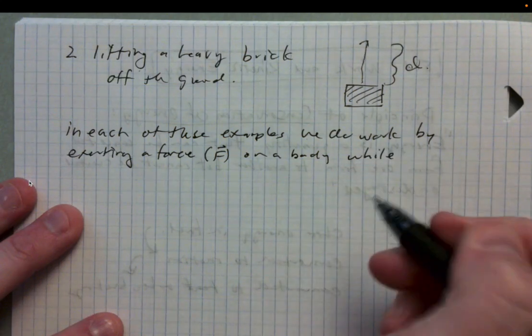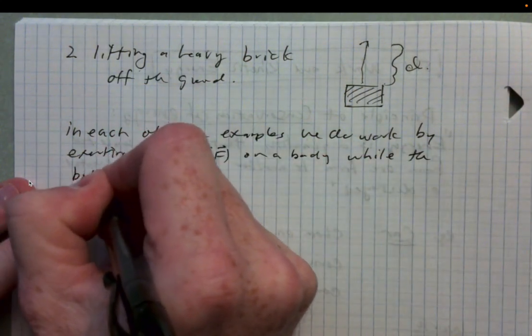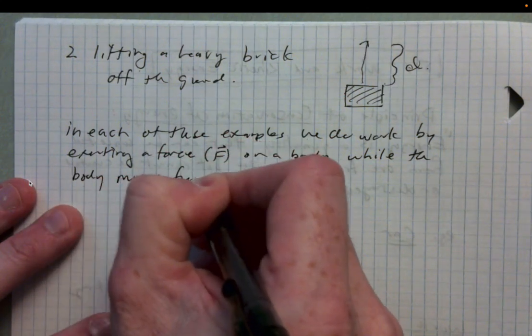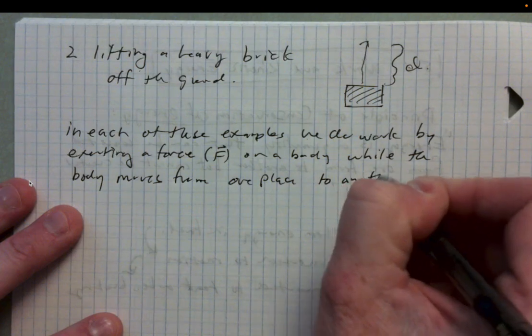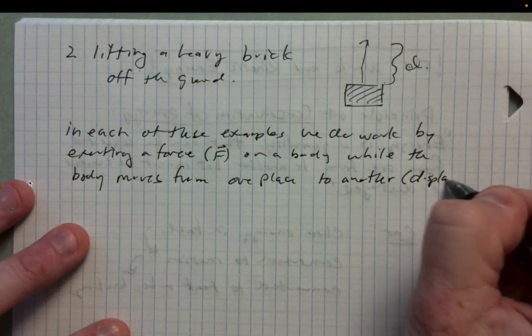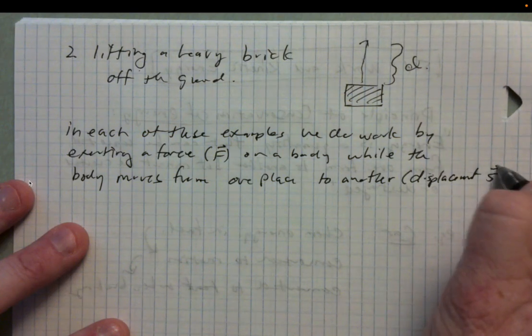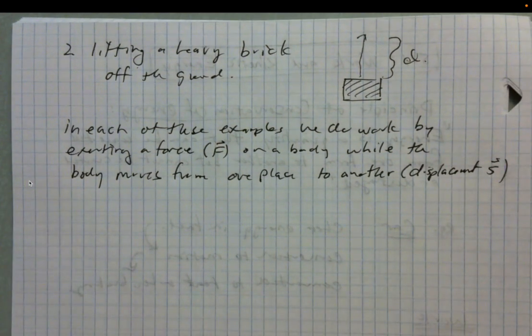And then the key thing is while the body moves from one place to another. And what does that really mean? Well, that's a displacement, and we'll denote that with an S. It's a vector, right? Okay. So in each of the examples, the key thing with work is some force being exerted on the body, and as a result, the body moving from one place to another. So there's displacement and force. Okay.